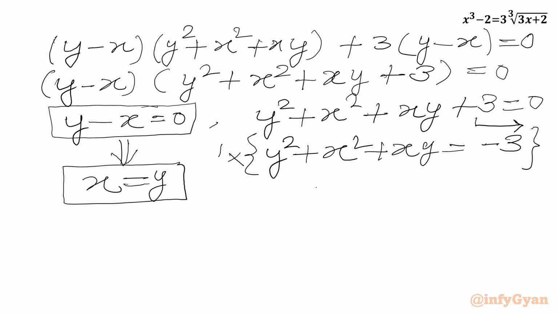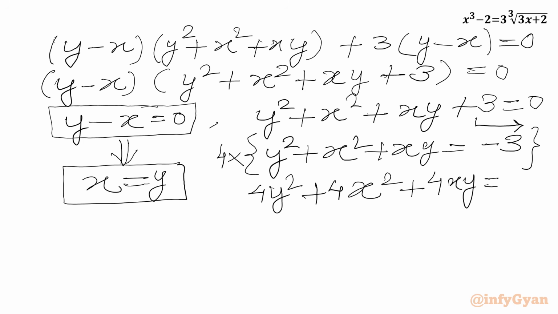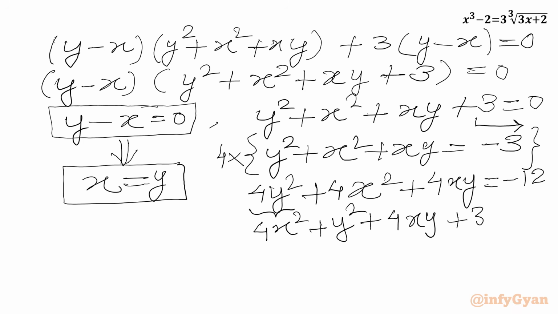So we get 4y square plus 4x square plus 4xy equal to 4 times minus 3, which is minus 12. Now we will split 4y square as y square plus 3y square. So let us write 4x square plus y square, and then we have 4xy on the LHS. Then we write the remaining y square term, which is 3y square, and the RHS is negative 12.